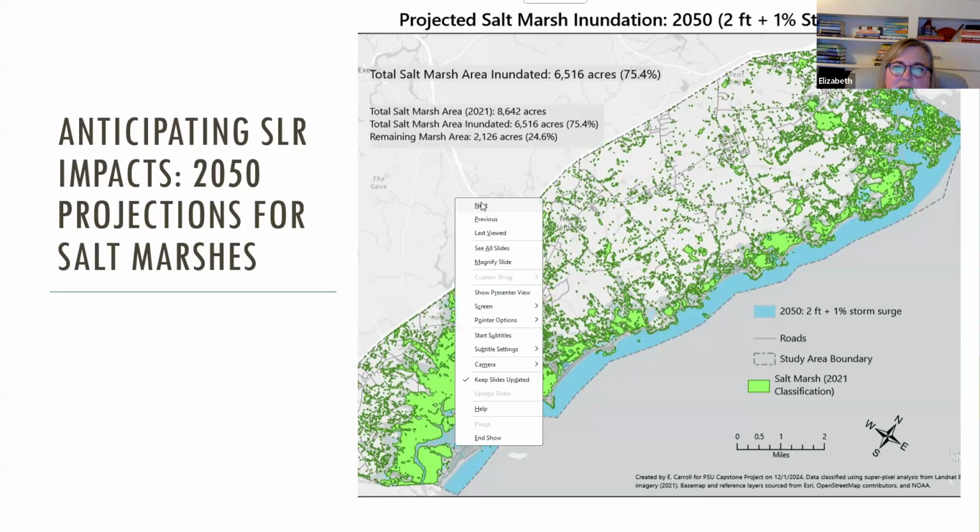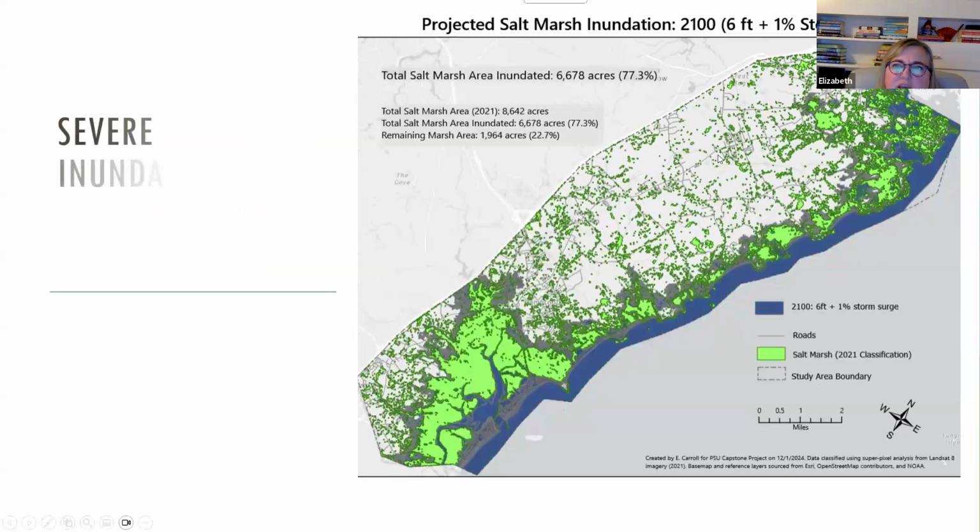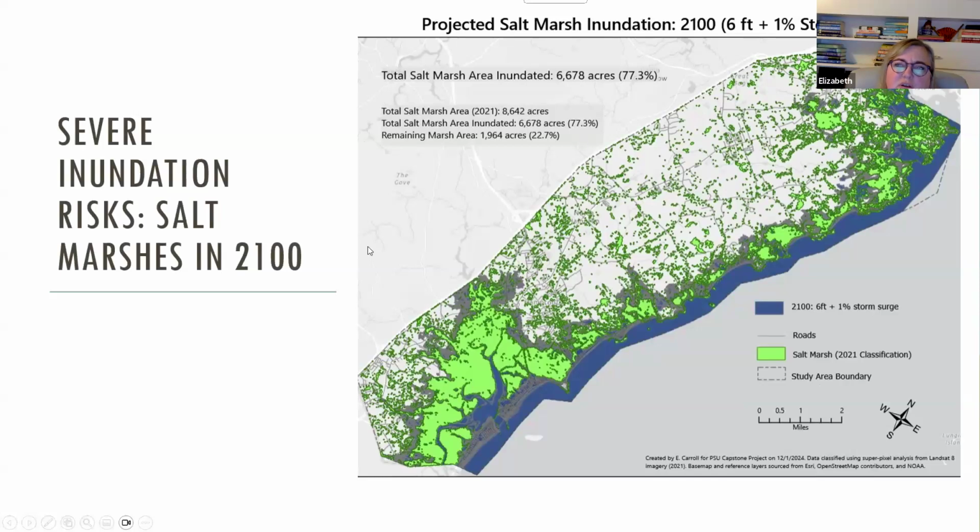While I was looking at the NOAA information, they also had projections for 2100, and the extreme value was 6 feet. So I wanted to see what that looked like. I struggled here with how to show it, and I'm still thinking about it because I want to redo it. This is what's going to happen in 2100.